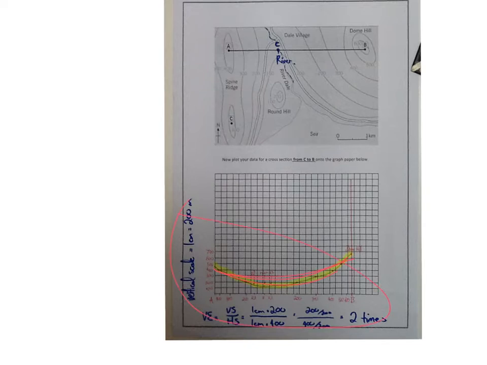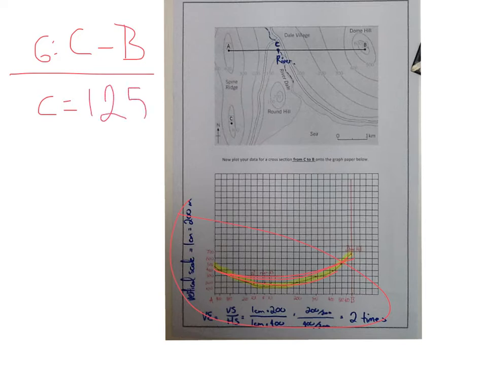For this one, what we're going to look at is the gradient from C to B. Now, what we know from the cross-section video is that point C on the river didn't quite drop to 100 metres. We said that it was about 125 metres. Point B, the top of Dome Hill, was over 600, but we didn't really have another reading, so we have an estimate, and we're going to say it's 625 metres.